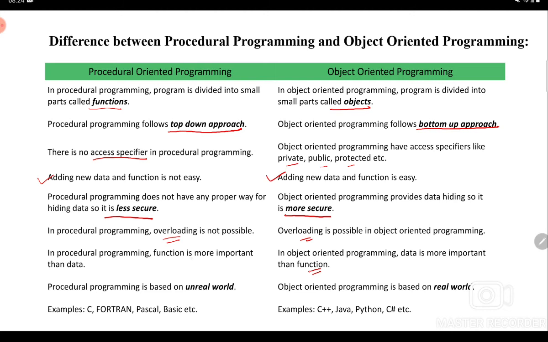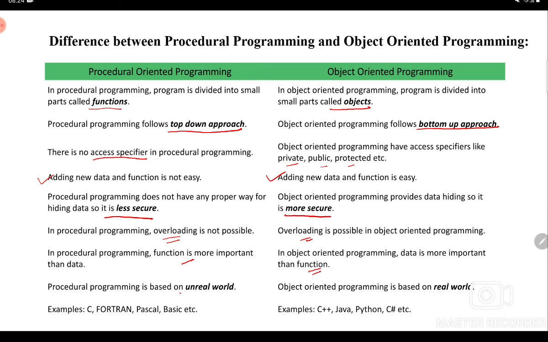However, in function oriented programming or procedural programming, much more dependency is there on the function, and it does not expose the data to us to work with. So this is not a very easy way out in handling different programs. Object oriented programming is much preferred when it comes to working with the data as objects.